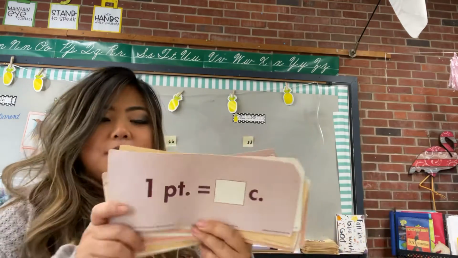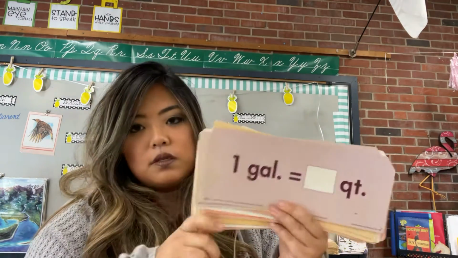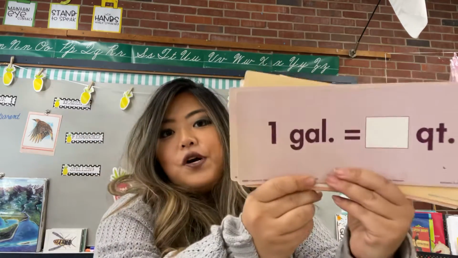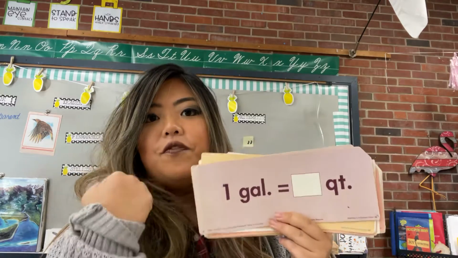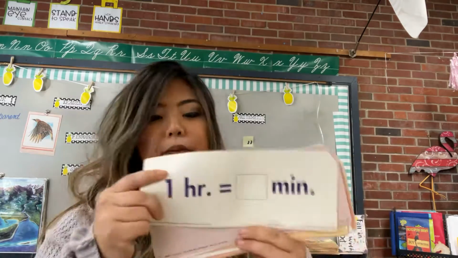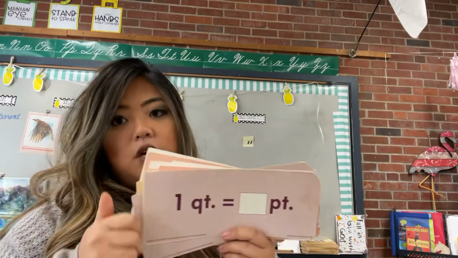2 cups. Remember, each prince had 2 cats. This is 4 quarts. Remember, each king gallon has 4 queens. 60 minutes. 2.